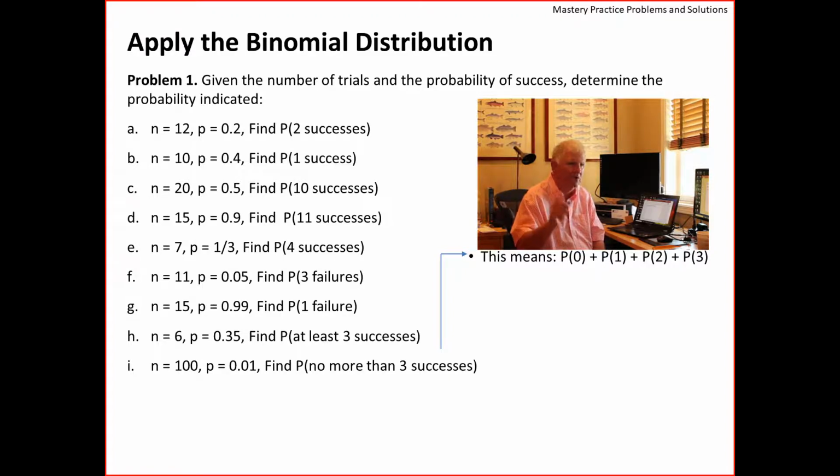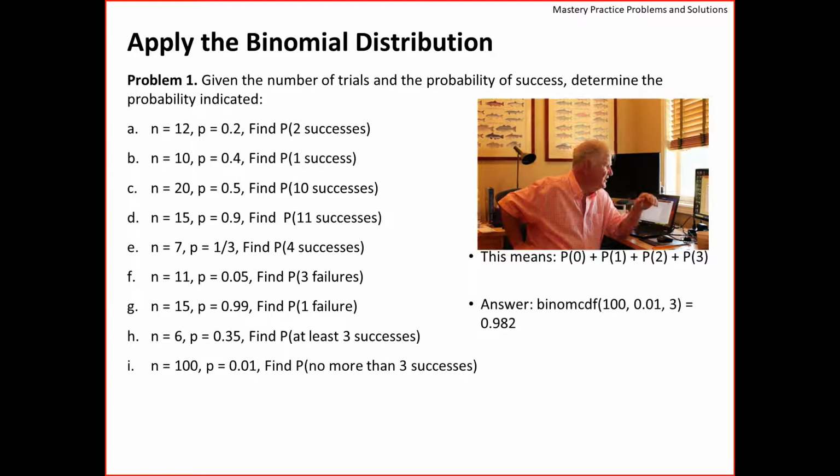And that is what the binomial CDF is built for, because binomCDF(100, 0.01, 3) is P0 plus P1 plus P2 plus P3. You don't have to calculate those individually. Binomial CDF does it for you, and the answer is 0.98.